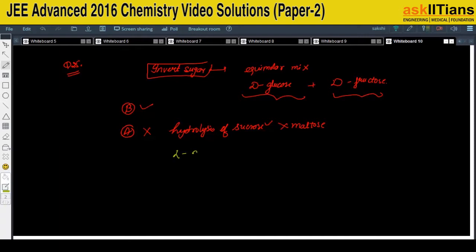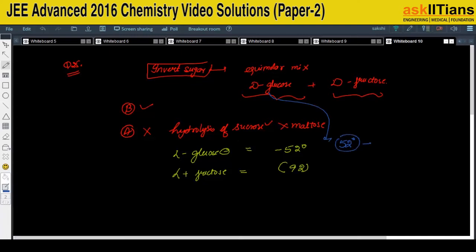L minus glucose is given as minus 52, and for L plus fructose the value is given as around 92. But what we actually need is D-glucose, so the answer will be plus 52, and we need D-fructose, so the answer will be minus 92.